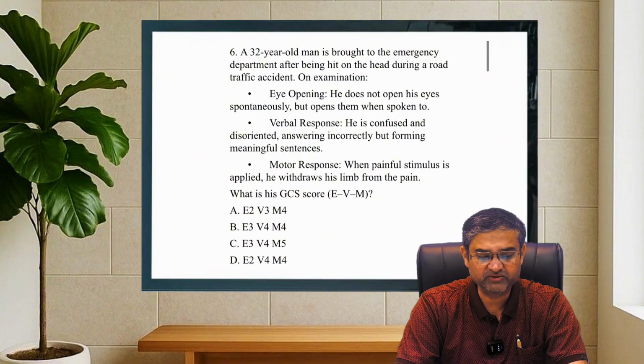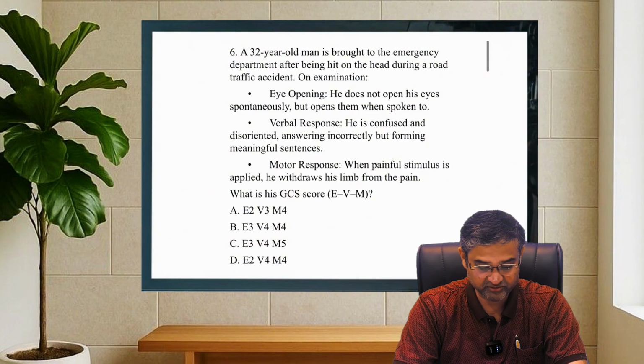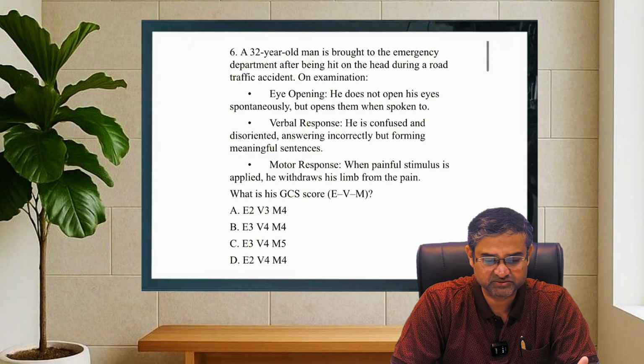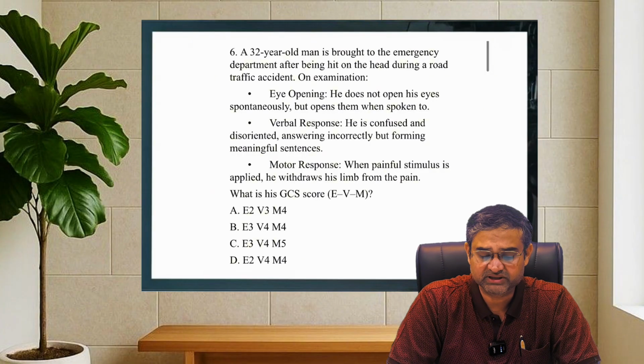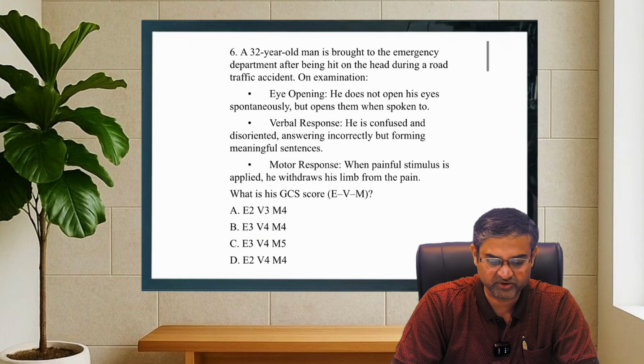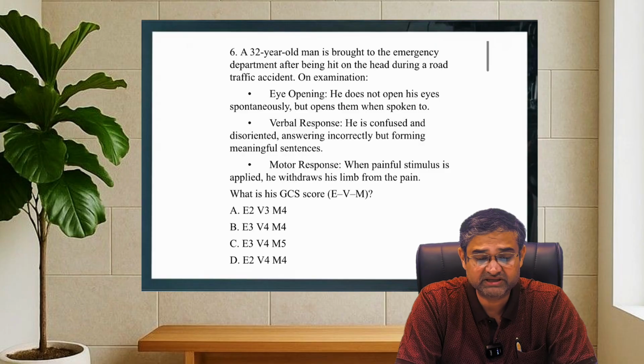For this, you have to learn the GCS score very hard, where you have to know which sign you are seeing and where it is E1, E2, E3, E4, E5 or V4 or what. So here what is given as eye opening is not spontaneous.